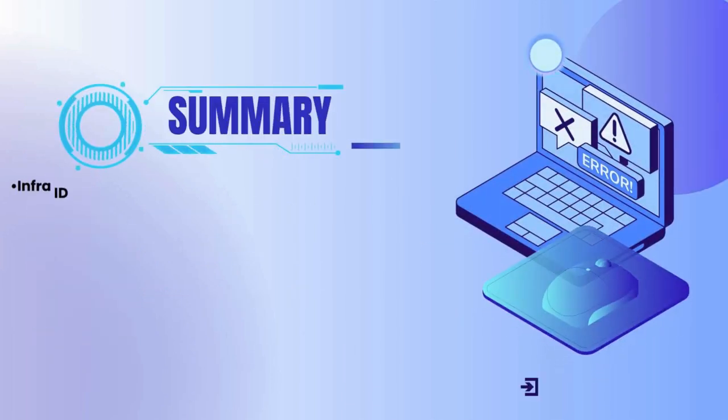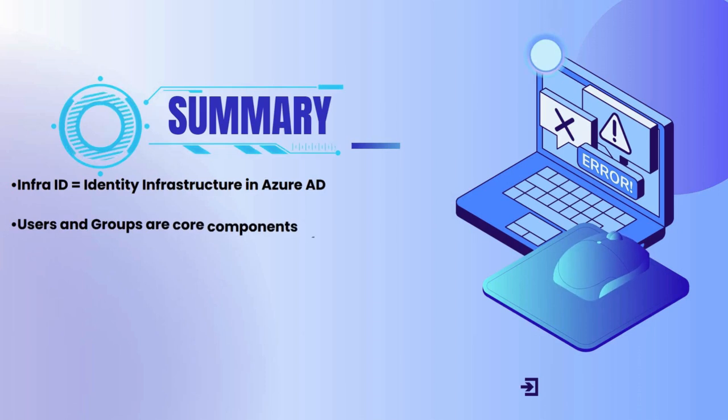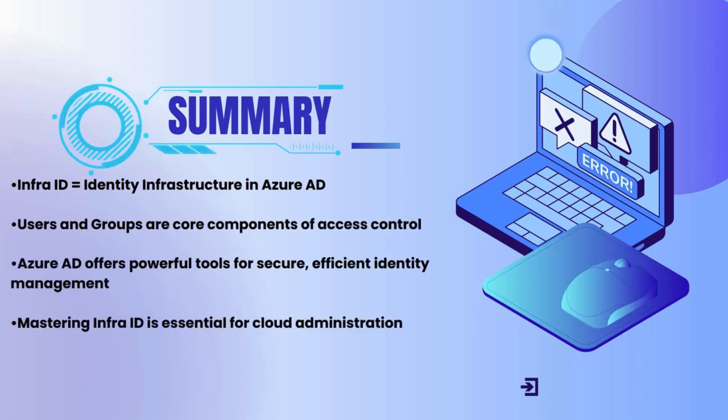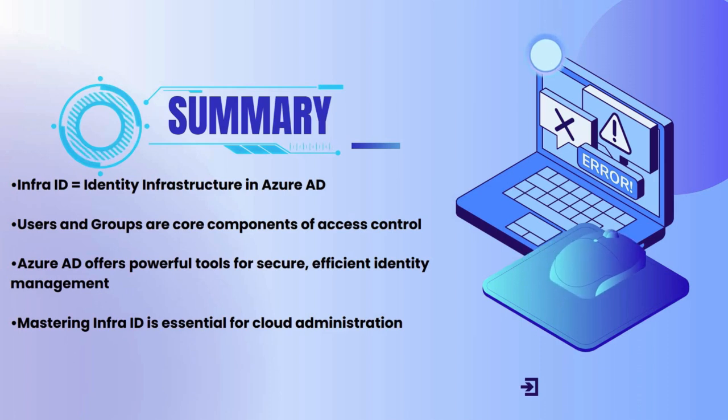So let's quickly recall what we learned in today's session. We learned what Entra ID is. It's Azure identity infrastructure. It helps manage who can access what, with users, groups, roles, and policies at the core. Tools like RBAC, MFA, and conditional access improve security. It is essential for any cloud admin to understand and use this system.